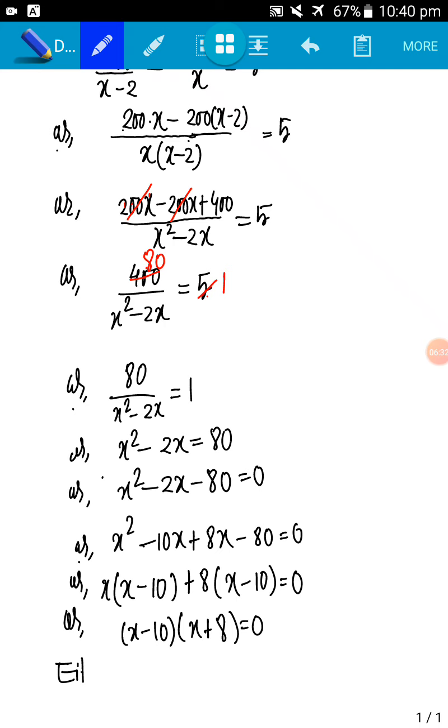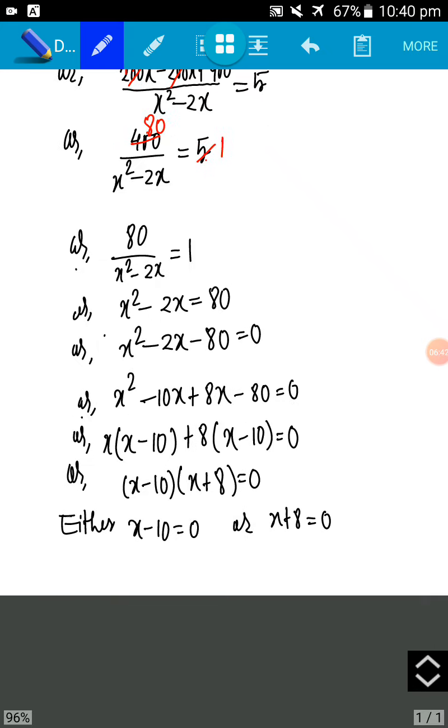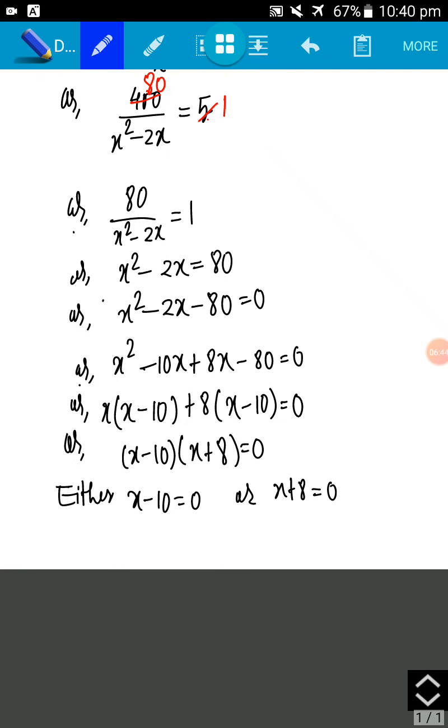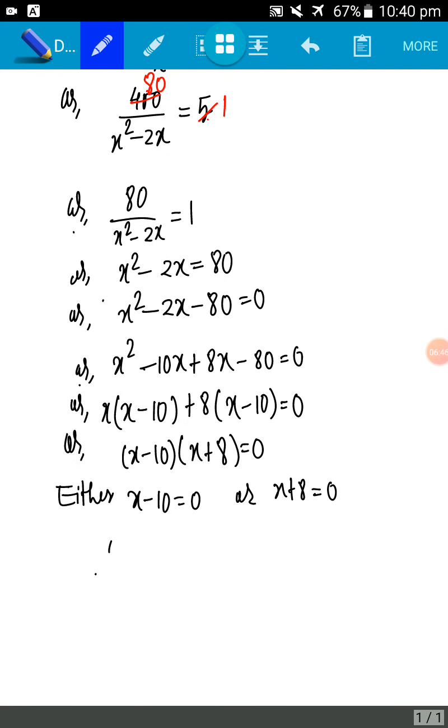So we have to write either x minus 10 equals 0 or x plus 8 equals 0.